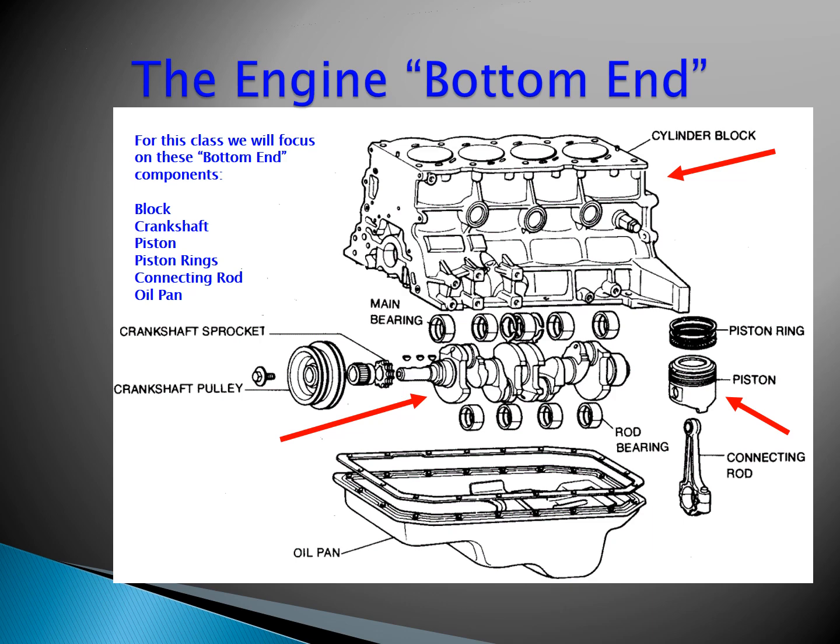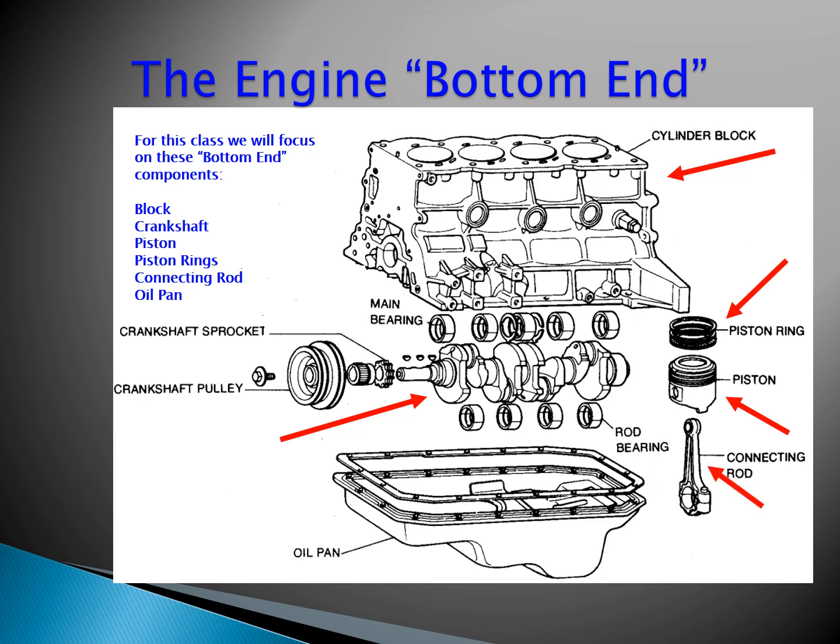Now, pistons typically have 3 rings around them. They'll have a primary or first compression ring, a secondary or second compression ring, and then the third one down is the oil ring.